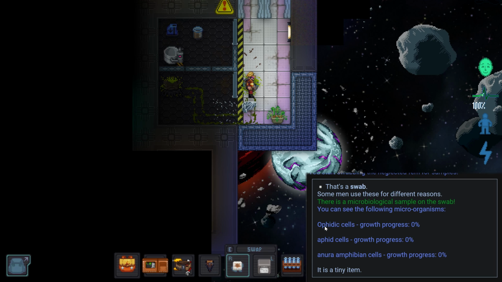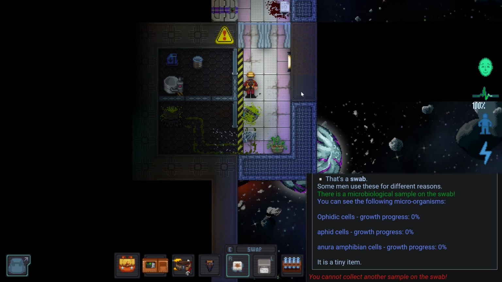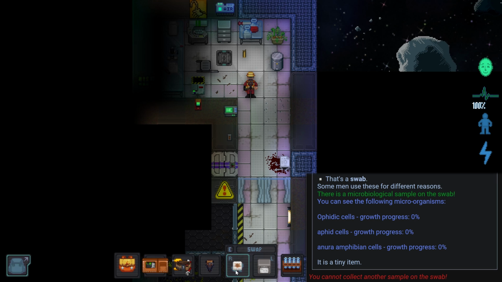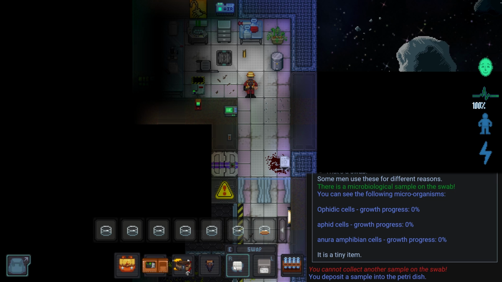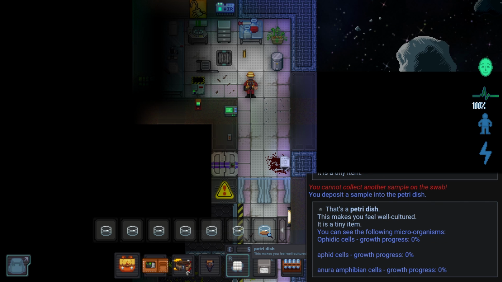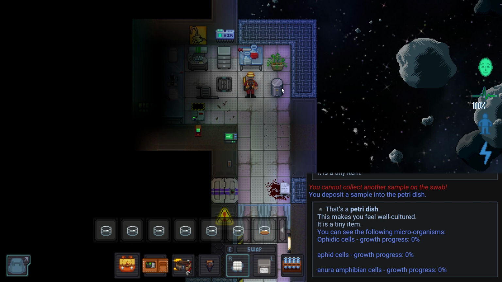We got some ophidic cells, aphid cells, and neuroamphibian cells. I think these are bees, frogs, etc. We'll take a closer look at it later. So when I get an example of cells, I will use the swab onto the petri dish, and it will store the cells inside the petri dish, clearing out the swab.